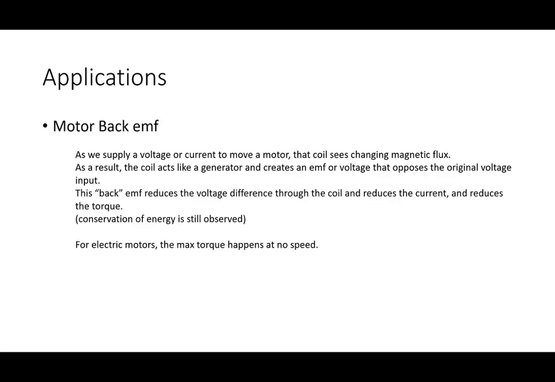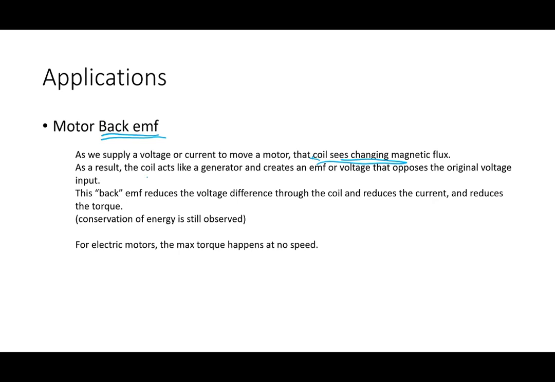And another consideration is, with the motor, there's this thing called the back EMF of the motor. Because a motor is constructed just like a generator, right? As you supply voltage or current to move a motor, the coil is rotating in the magnetic field, so it's also seeing changing magnetic flux.